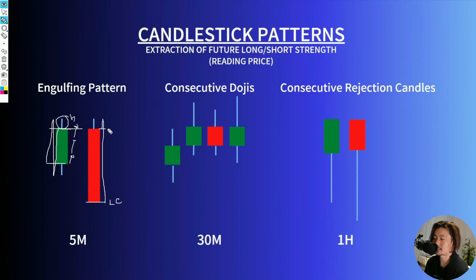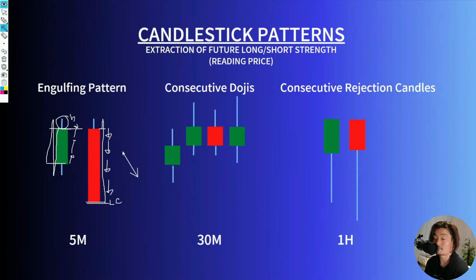However, on this second candle, the sellers were willing to keep selling all the way down to these levels, roughly twice the size of this first 5-minute candle, and moreover close at the lowest level that price got to within 5 minutes. Now this abundance of sellers in a range much larger than this initial candle is the engulfing pattern. And this shows future short strength.